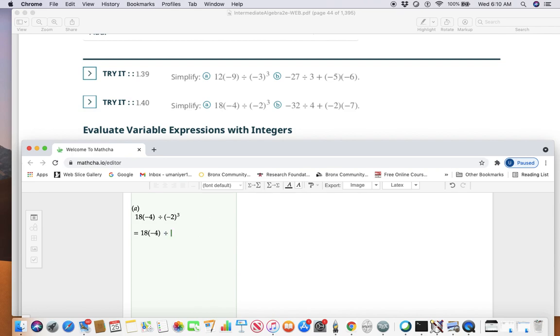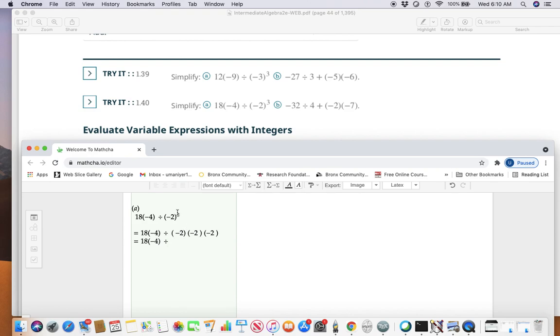Exponent applies to the parentheses, so the parentheses repeat. What's inside the parentheses? Negative 2, negative 2, negative 2. So that is 18 times negative 4 divided by.